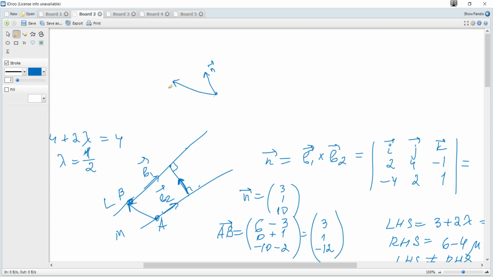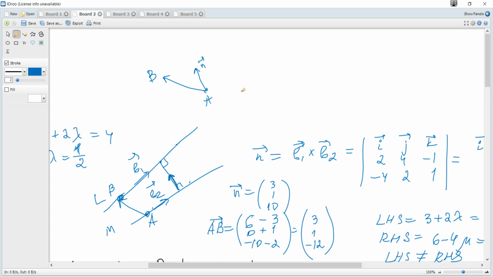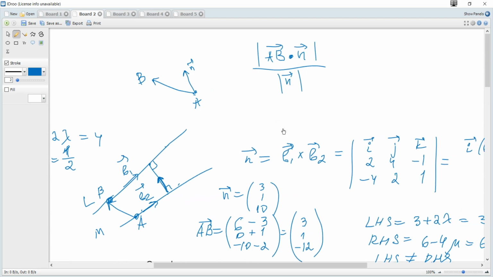To find the shortest distance we just need to find a projection of this vector AB onto this vector n, the parallel projection on n, and it will be actually the required distance. It becomes the dot product of AB with n, divided by the magnitude or length of n, and that's why the length of n doesn't matter.